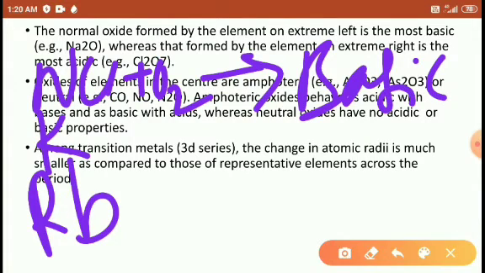Basic nature means that when sodium oxide is formed and you add pH paper, it gives a pH color range from 7.1 to 14. So it is basic in nature.